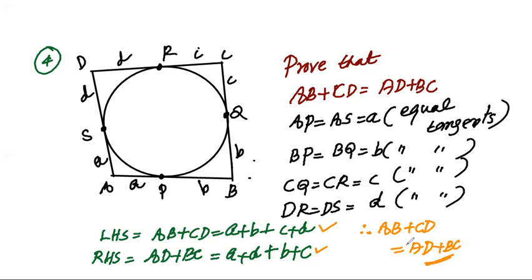Now we applied AB plus CD, we got that as a plus b plus c plus d, and also AD plus BC we got as a plus d plus b plus c. Both of them, LHS and RHS, are equal, so I can write that as the proof: AB plus CD is equal to AD plus BC. I repeat, it is an important board level question.